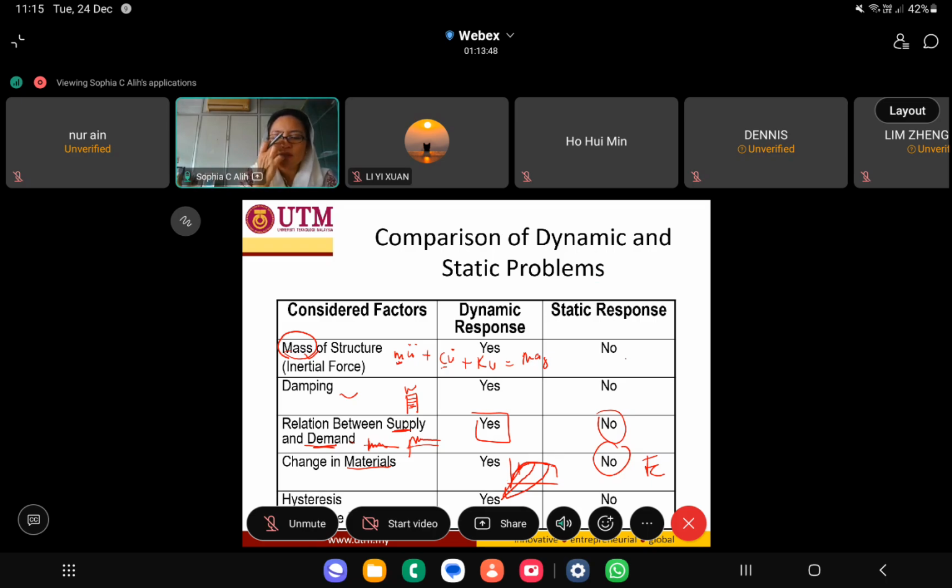If you calculate the area under your graph, it gives you how much total energy is released from your structure. Definitely in static, you don't have this. You only look into this in your dynamic response.